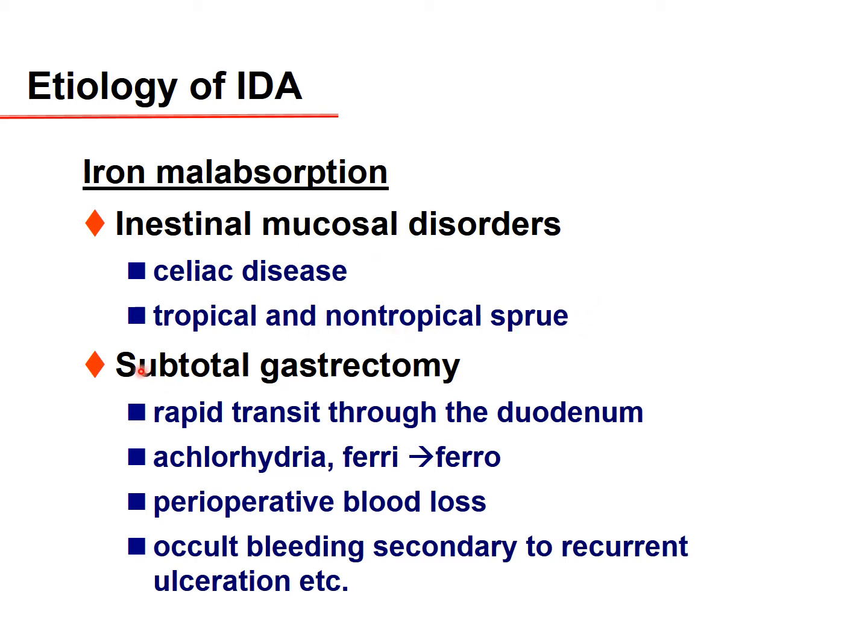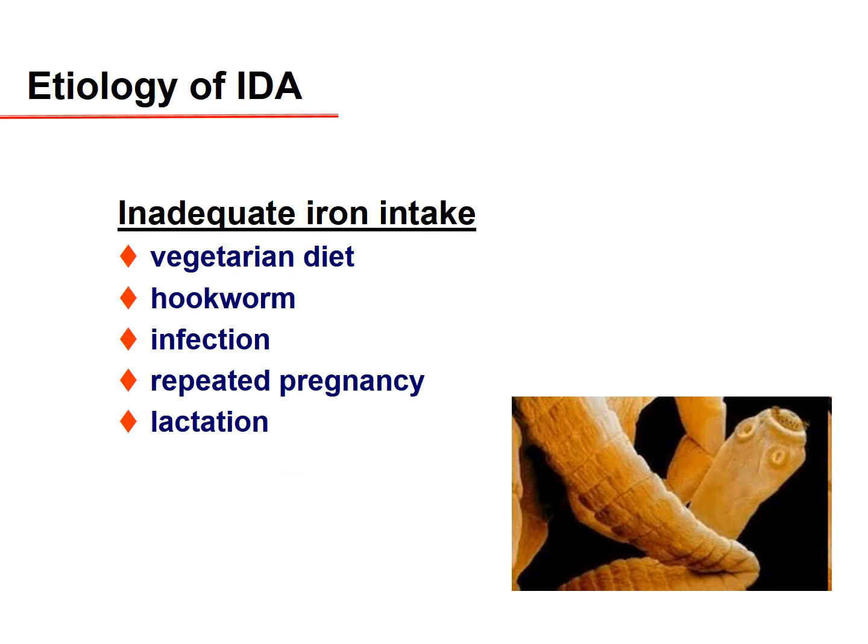Or if somebody suffered a subtotal gastrectomy, due to the rapid transit through the duodenum, or less acidity in the stomach, that is achlorhydria, the ferro conversion that is catalyzed by the acidity is not performed well, so it's less absorbed. Or perioperative blood loss or acute bleeding secondary to recurrent ulceration. So a lot of things can cause an iron deficiency anemia.